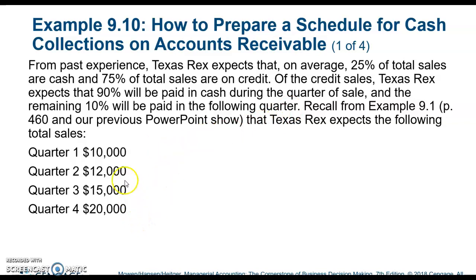This reminds us of what the total sales are going to be. $10,000 of sales we expect in quarter 1, $12,000 in quarter 2, $15,000 in quarter 3, and $20,000 in quarter 4. Those all came from the sales budget.